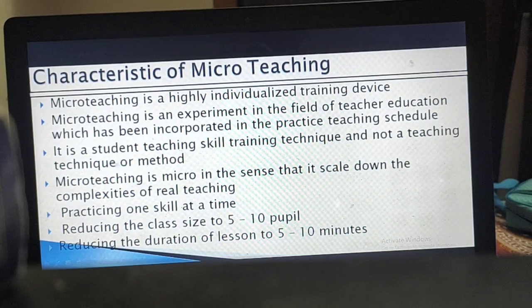What is the experiment? Here, when the teacher trainee teaches through the defined teaching skills, they have to face defined problems. Remember it, the teacher trainee acts in three dimensions: as a teacher, as an observer, and as a student.